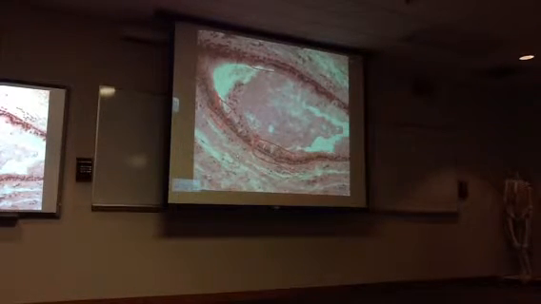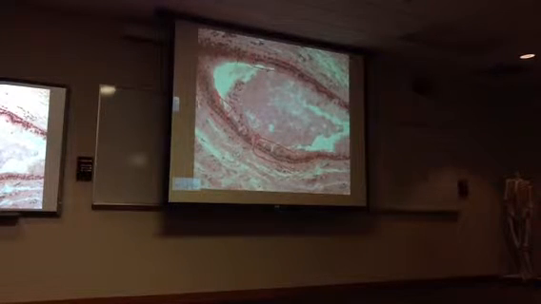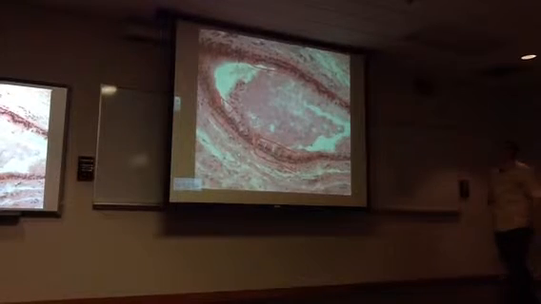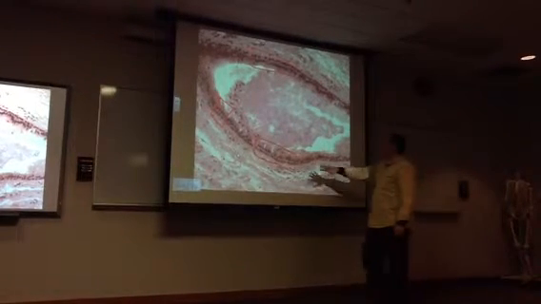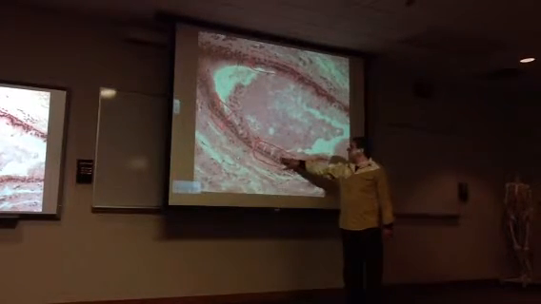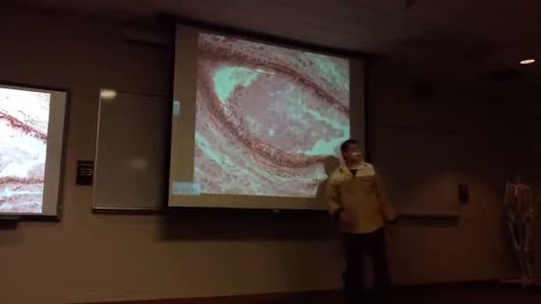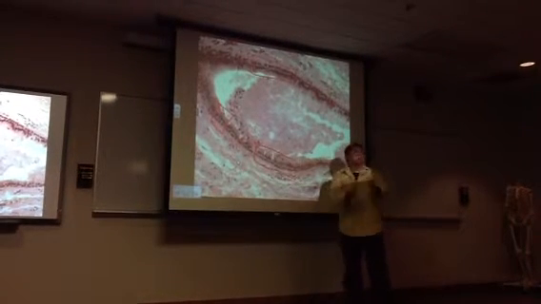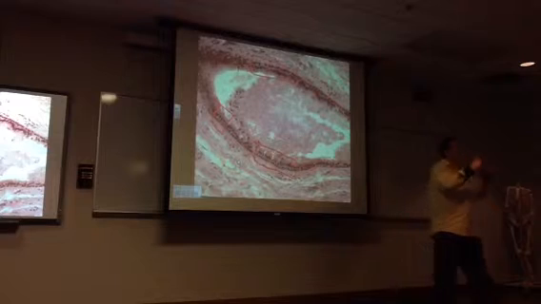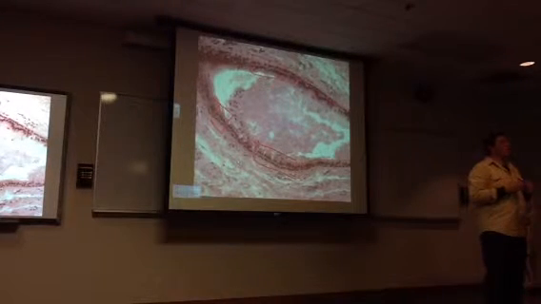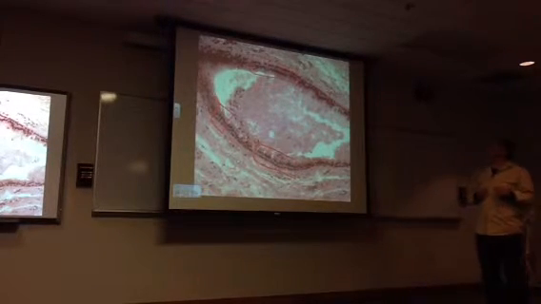Or cells that are in that area. Okay. Remember, you're calling something stratified because there's more than one layer of nuclei. And here we're calling it columnar because in those general areas you can see the cells where the nuclei look like they're oval shaped. So a taller columnar cell.